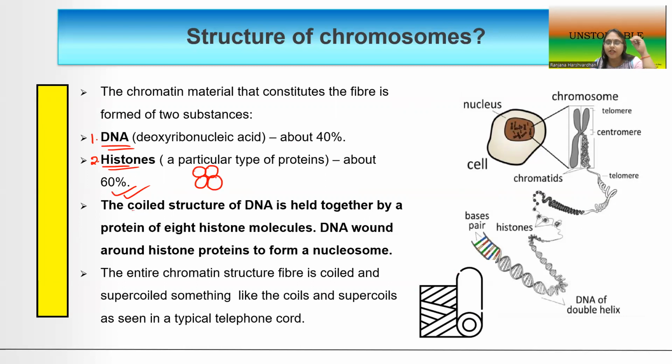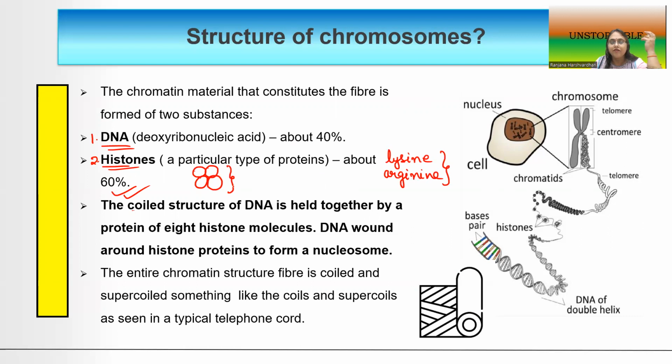They are called basic proteins because they are made up of two basic amino acids, which are lysine, L-Y-S-I-N, and arginine. These are the two basic amino acids that make up my histone proteins.